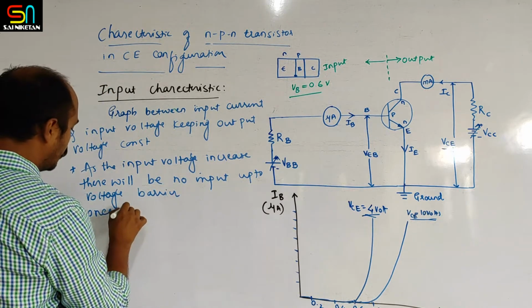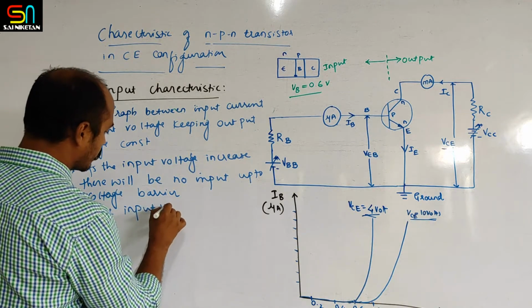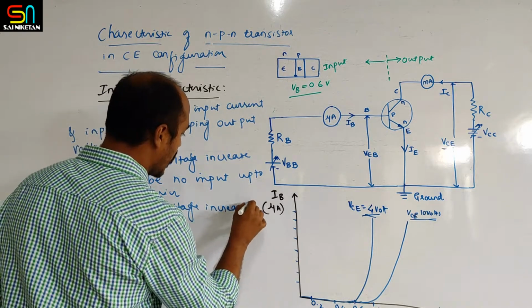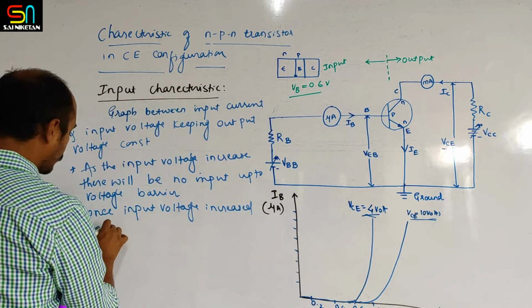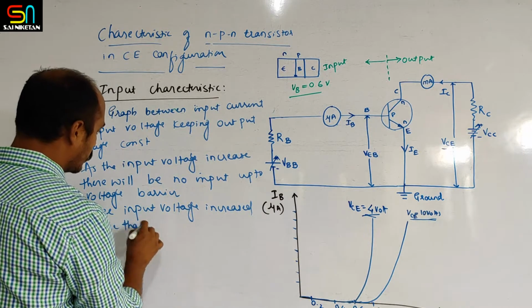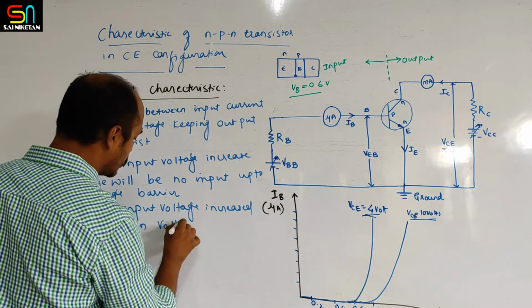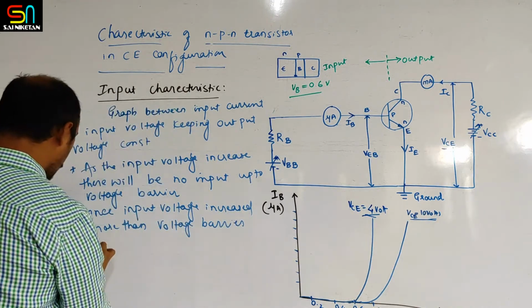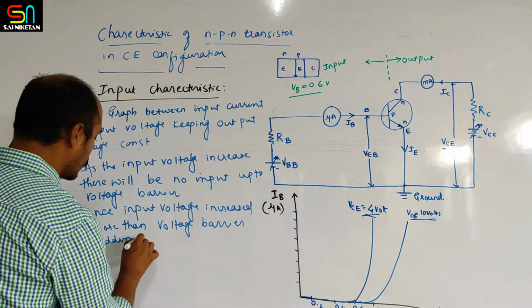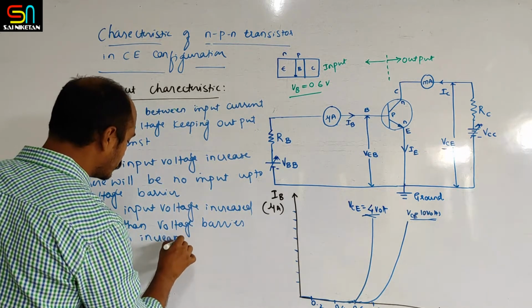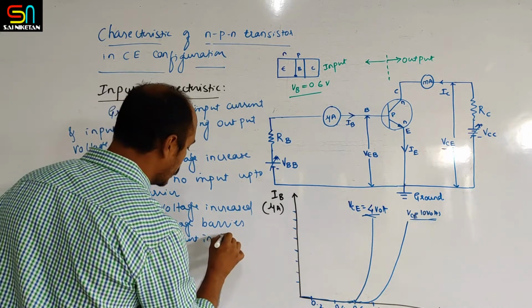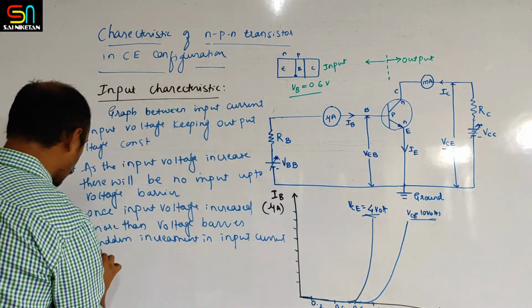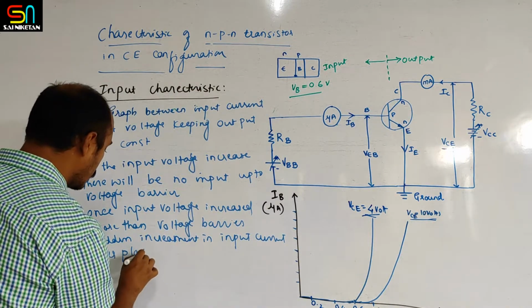Once the input voltage increases more than the voltage barrier, a sudden increment in input current takes place.